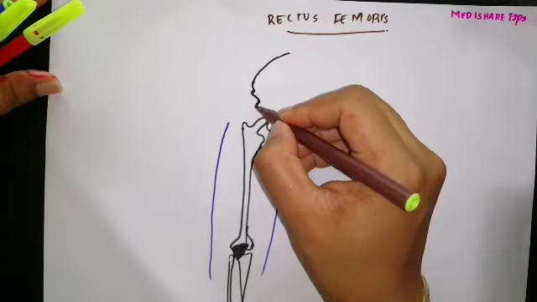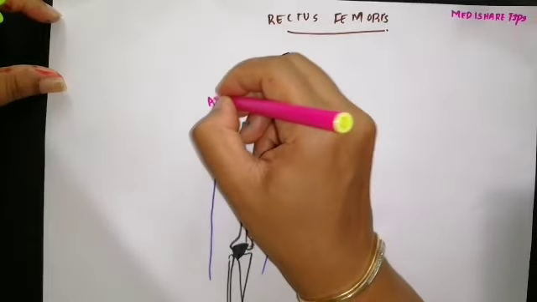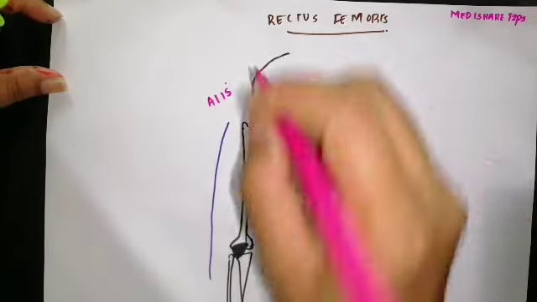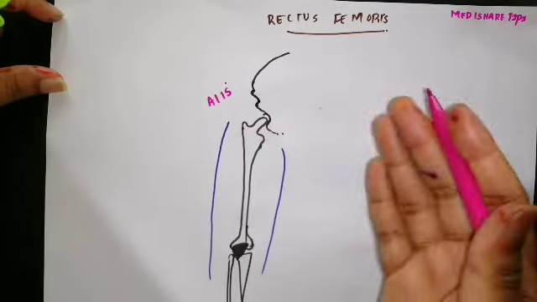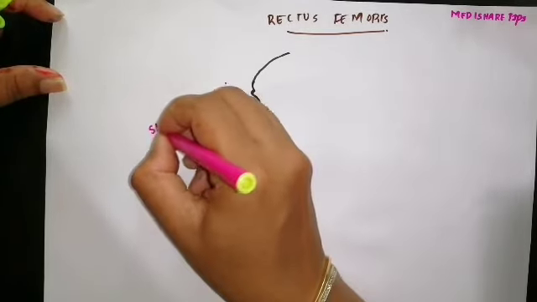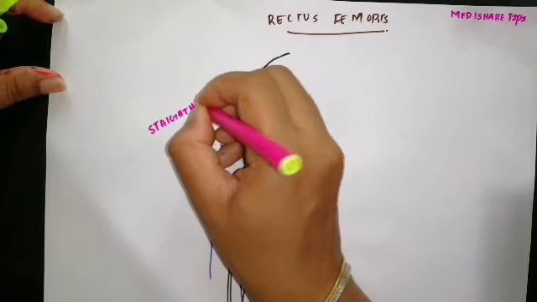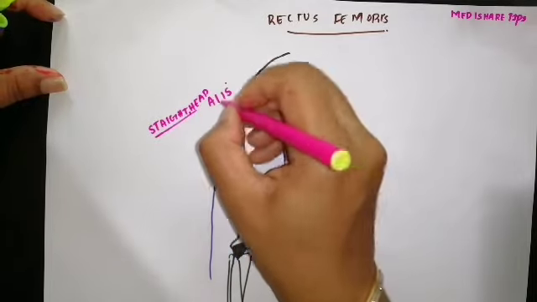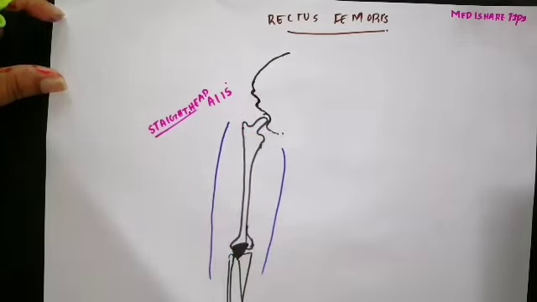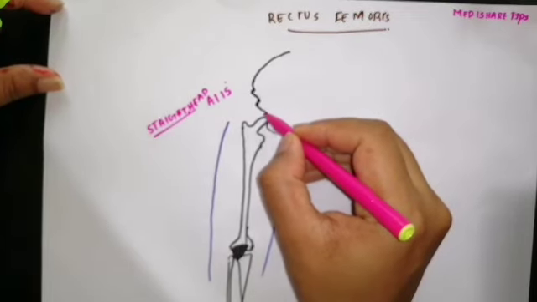The origin of the muscle is from the anterior inferior iliac spine, and it consists of two heads. A straight head originates from the upper half of the anterior inferior iliac spine, and a reflected head arises from a groove above the margin of the acetabulum.